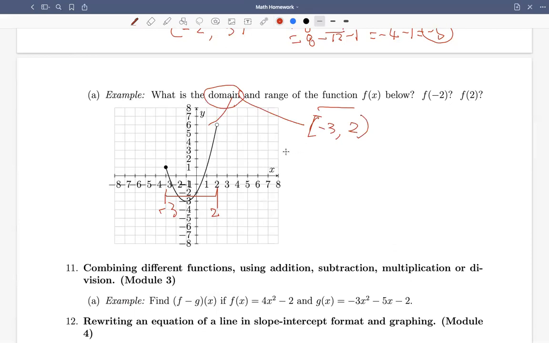Range, we look at the y value. We look at the y value from bottom up. So start from, we see -3 here. Then bottom up, we see it ends at 6. And -3 is a solid dot, right? Even though we didn't intentionally make it solid, it is one point on the graph.